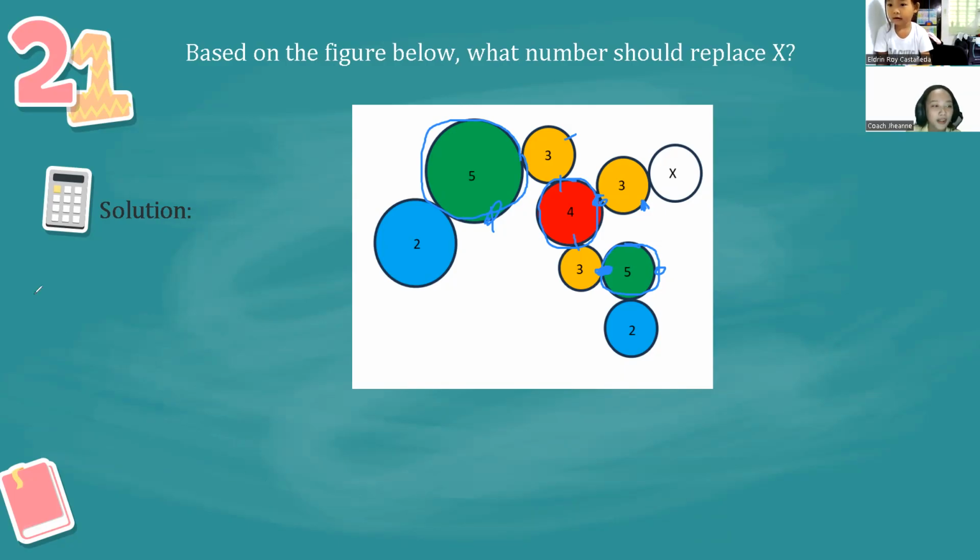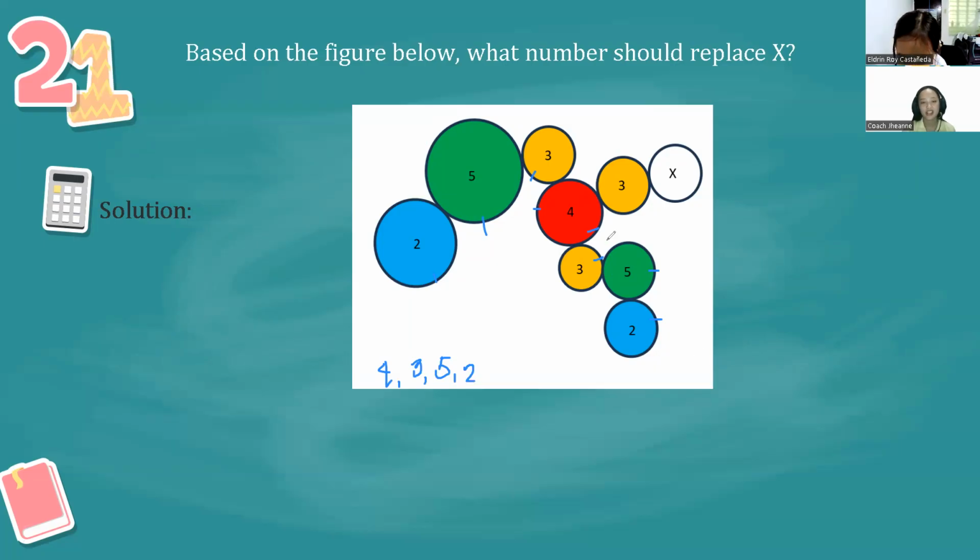Oh, there is also another pattern here. We can also use this one. As you can see, we have 4, we have 3, we have 5, and we have 2. And that is an arrangement. So we have this sequence: 4, 3, 5, and 2.